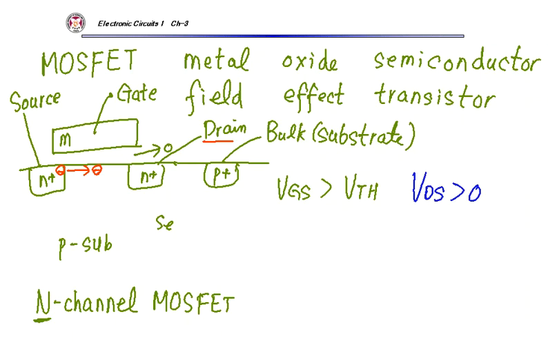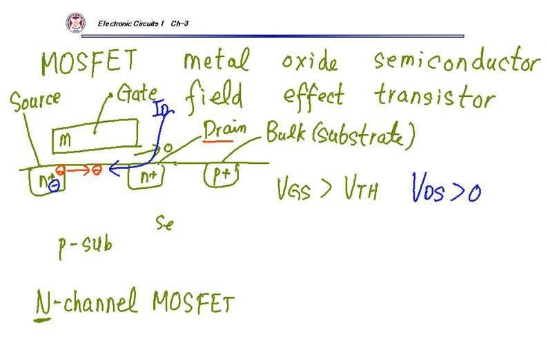Those are free electrons, right? So current flows from drain to source. Electron flows from source to drain.